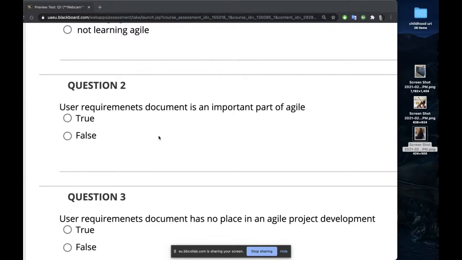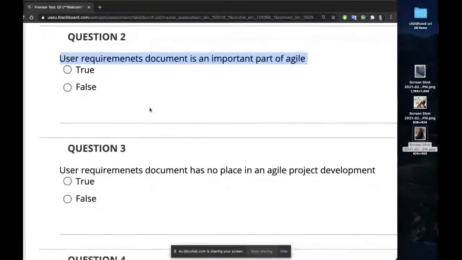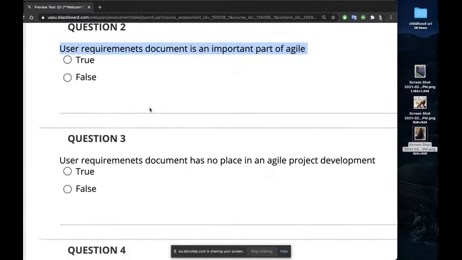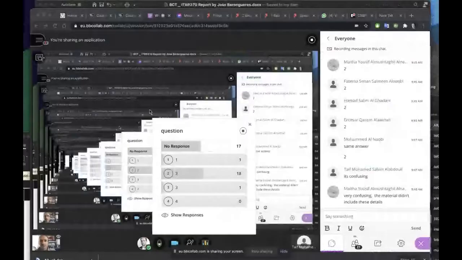In today's world, I cannot name any real Agile project that doesn't have a user requirement document, even though it's not a core thing in Agile. When you go to work, you will use user requirement documents whether you use Agile or not. So this is not a very good question, and you should say that, hey, this question is confusing. So speak up and say things, okay?